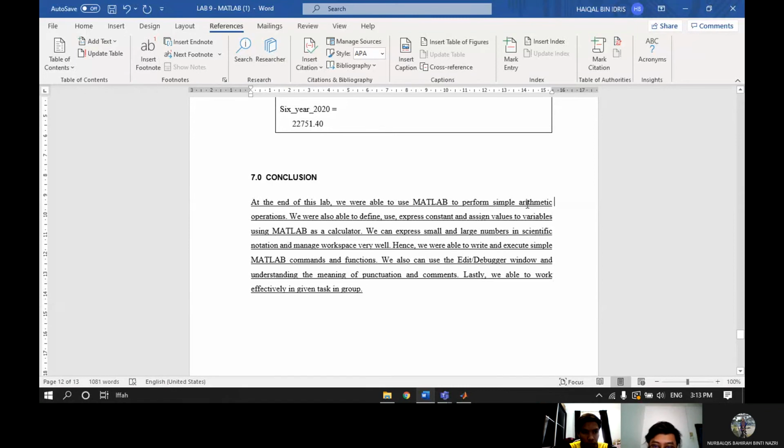Third, we can express small and large numbers in scientific notation. And we were able to write and execute simple Matlab commands and functions. Lastly, we are able to work efficiently in a given task group.